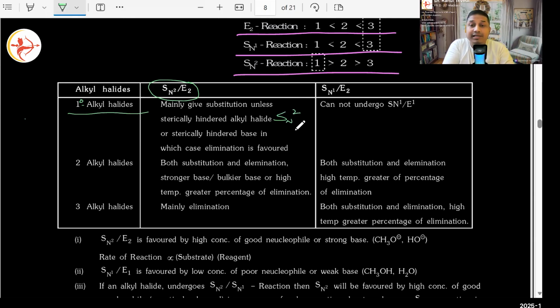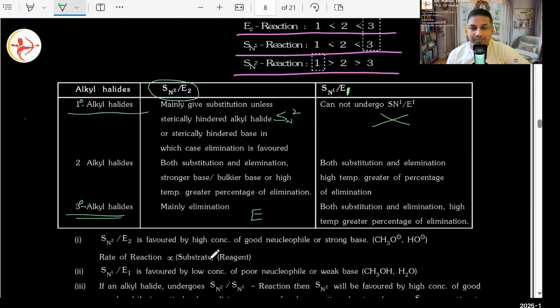Similarly, in case of SN1 and E1, this correction I told you to do, this is E1. If there is confusion between SN1 and E1, in case of 1 degree alkyl halides, no way, neither SN1 nor E1 will form. Good. Similarly, let's see the other extreme, 3 degree alkyl halides first. Here the chances of E2 are highest. Because the highest SN2 reactivity is found in 1 degree alkyl halides only, SN2 will happen there.